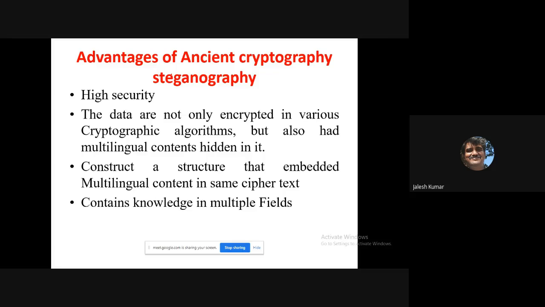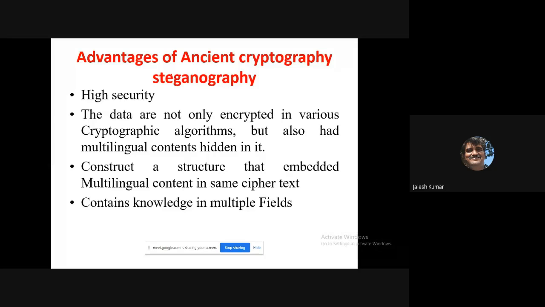As I told, you can read row wise, you can read column wise, you can read alternative letters, like that. So here we construct a structure that embeds multilingual content in the same cipher text.